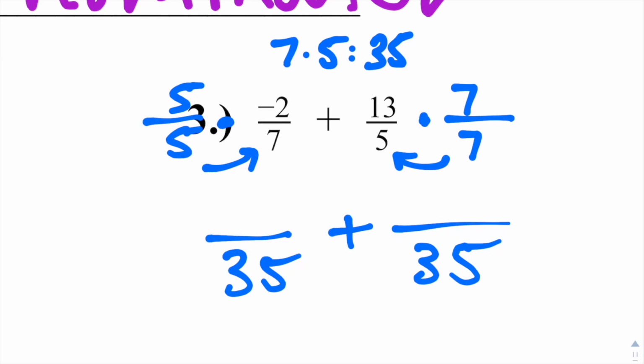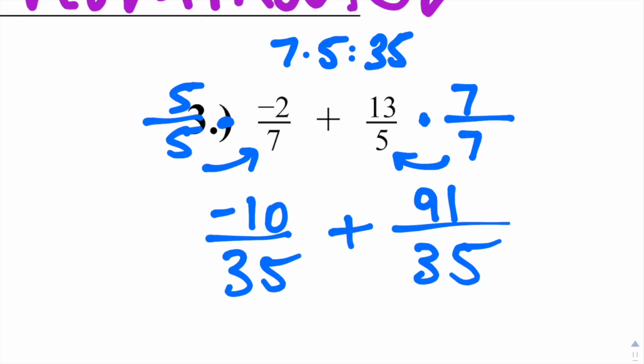Now we have negative 2 multiplied by 5. Well, negative 2 multiplied by 5 is only negative 10. And then we have 13 multiplied by 7. Well, if you wanted to use your calculators, I don't mind, but 13 multiplied by 7 is 91. So now we have common denominators, so we only have to add the numerators together.